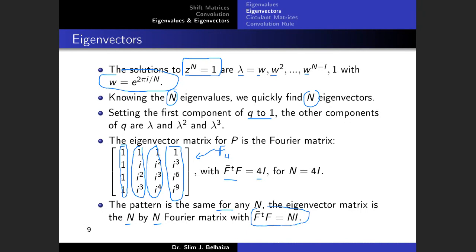So you see now how beautiful it is that the eigenvector matrix of the shift matrix is the Fourier matrix. And the eigenvalues of the shift matrix are in fact these w's we've considered in the 4.1 section.